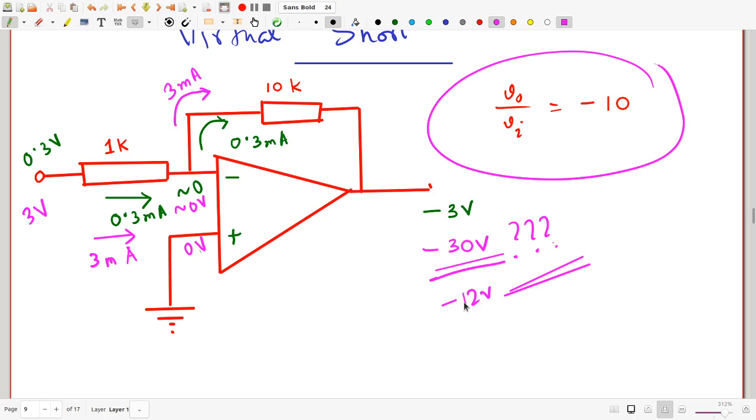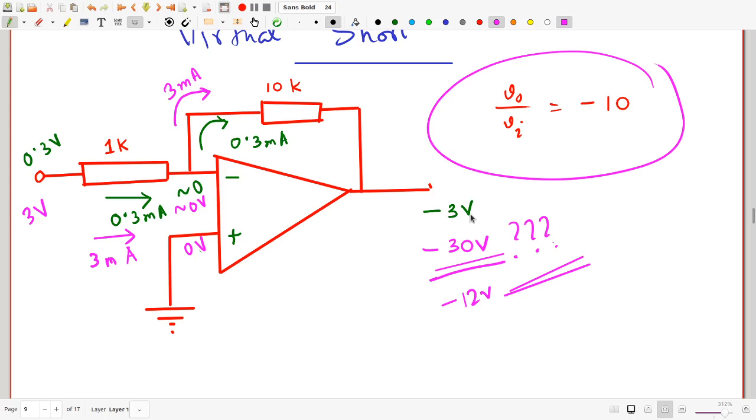So the question now is exactly what went wrong with our analysis here. Apparently all we used was Ohm's law, and you can definitely not fault Ohm's law. Remember, we use Ohm's law only for voltages and currents involving resistors, and there you can of course use Ohm's law. It does not matter whether the resistor is connected to an op-amp or something else. So let me quickly point out the flaw which led to this absurd answer that the output should be minus 30 volts.